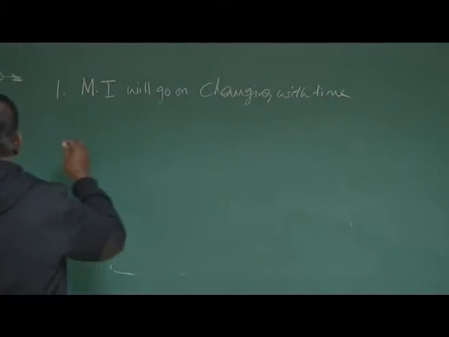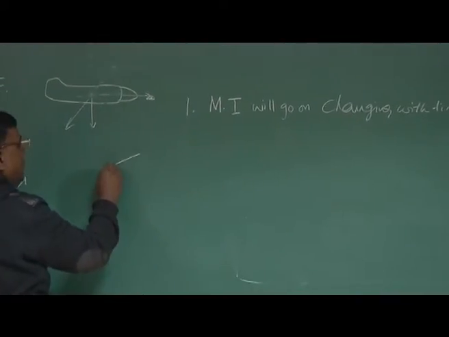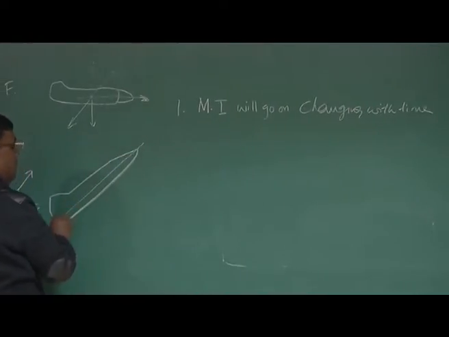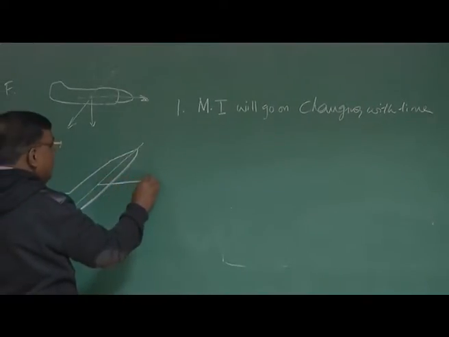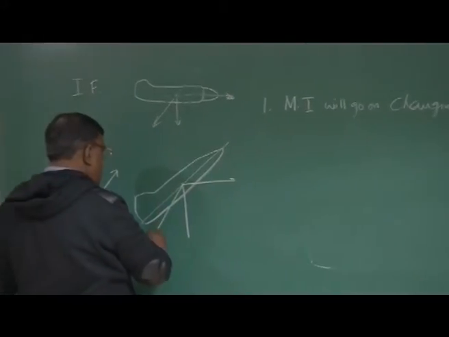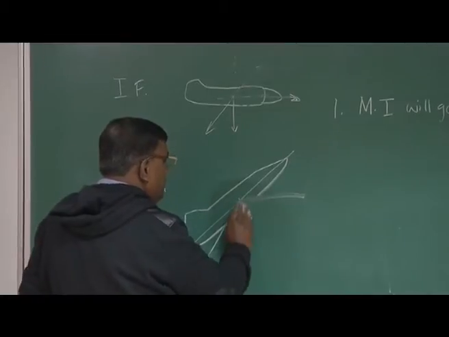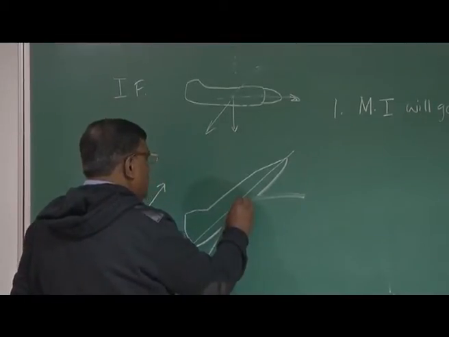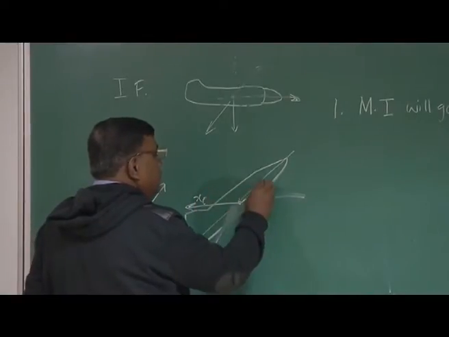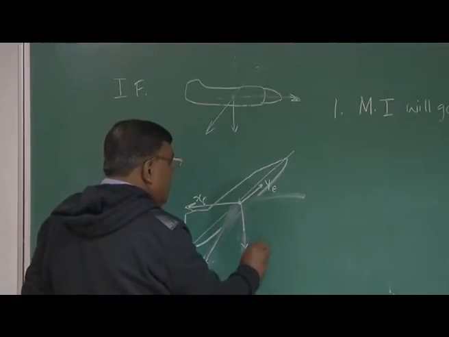If I explain here, suppose this body has rotated like this, but your earth fixed axis is stationary. Let's say this is x earth, this is y earth, this is z earth, right.